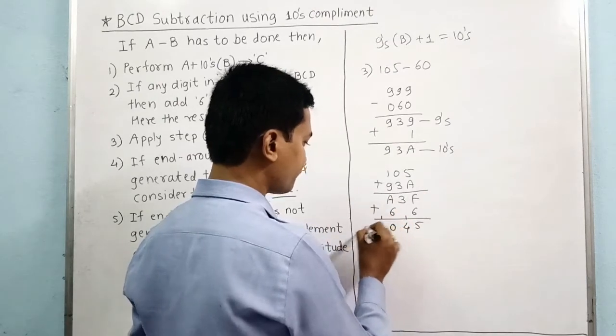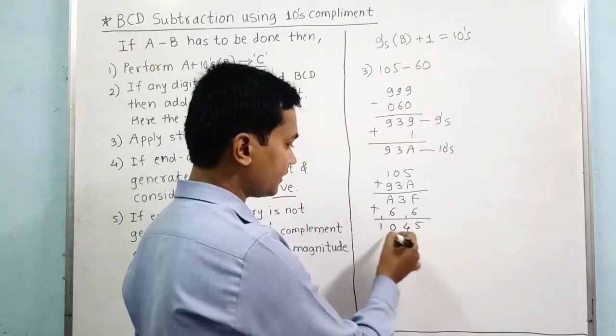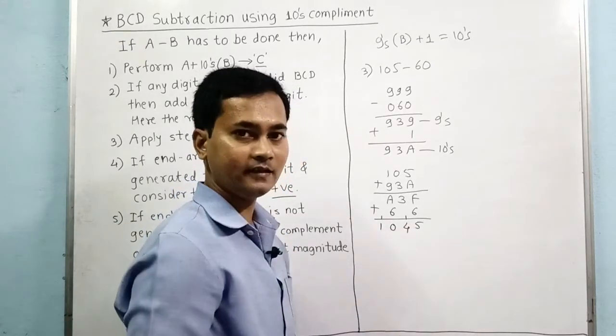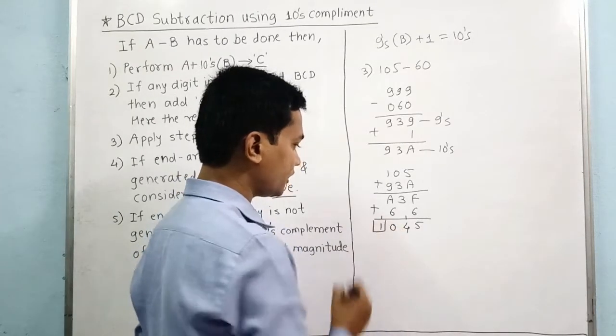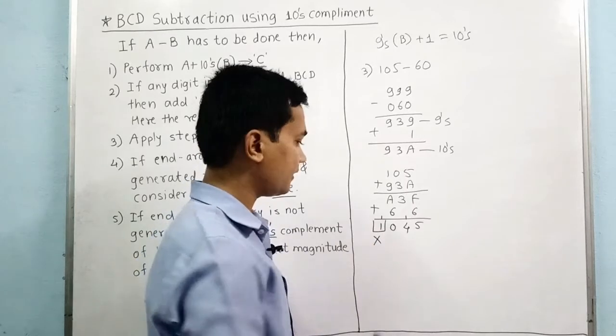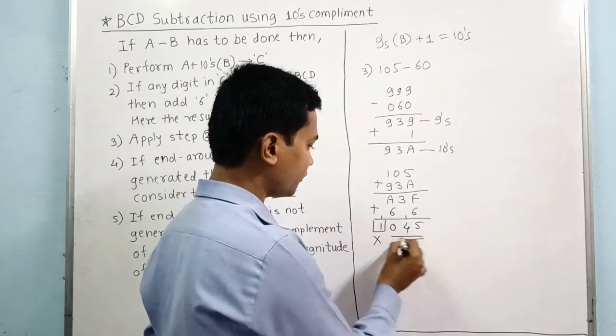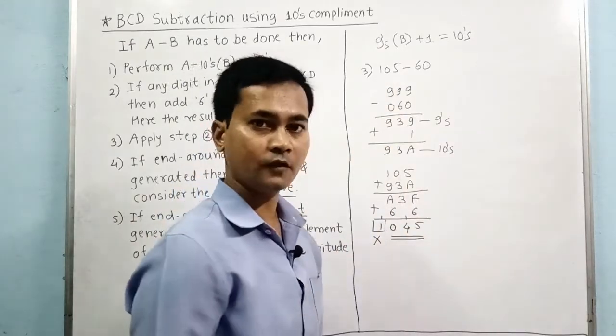That is 1. Now in these 3 digits, is any digit invalid BCD? No. And here an end around carry is also generated, so we have to discard this end around carry and consider the final result. So that is 45. So 105 minus 60 is equal to 45.